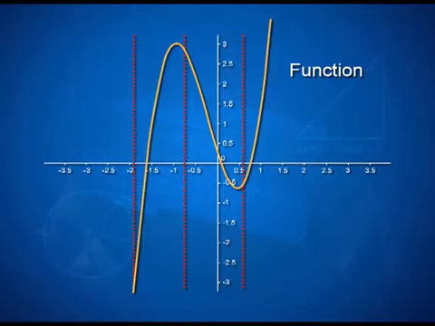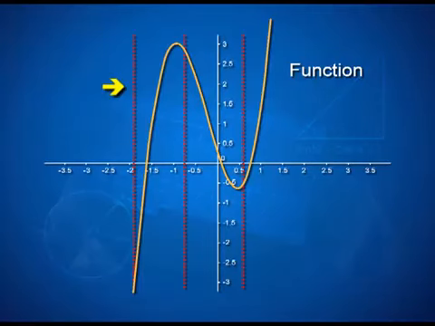Suppose I have a graph given here and I take vertical lines at different places. If I mark it down in different places, you see that none of these vertical lines are intersecting the graph at more than one point. And the vertical line test therefore says that this graph is representing a function.